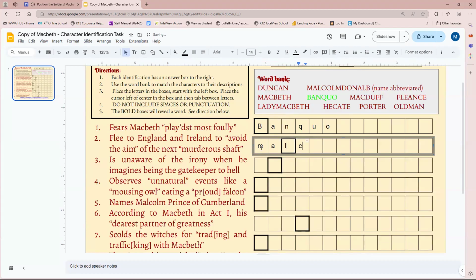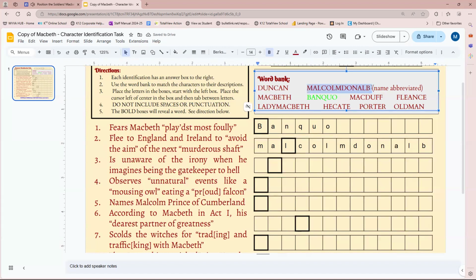So you would type it in. Right, Malcolm, Donald, Bain there. Now I'm just changing my text color so I know those have been used.